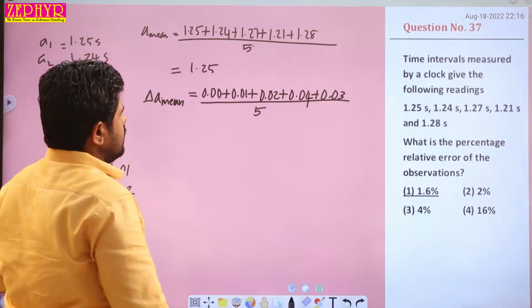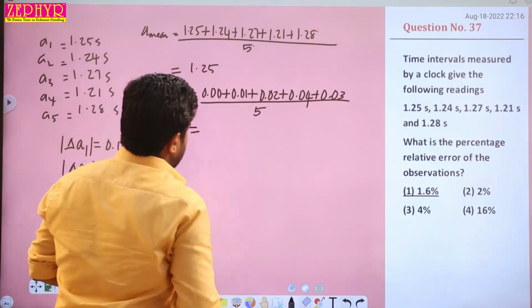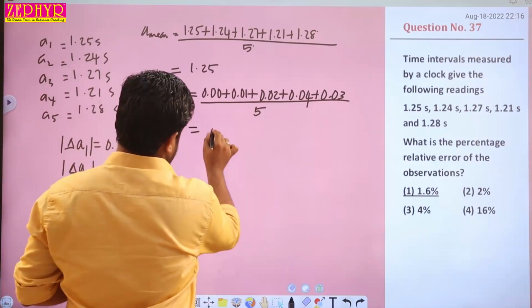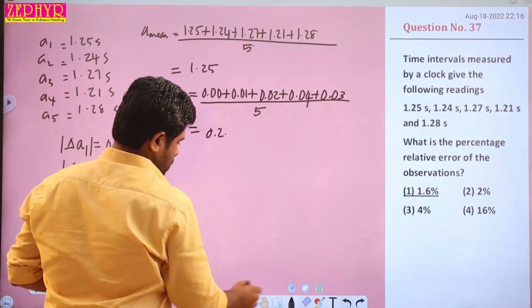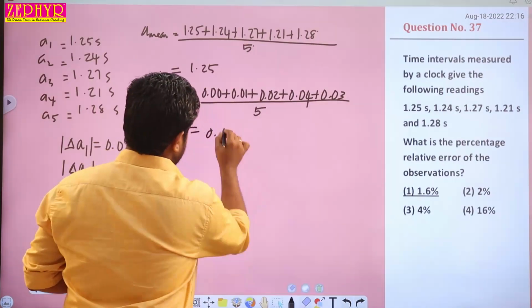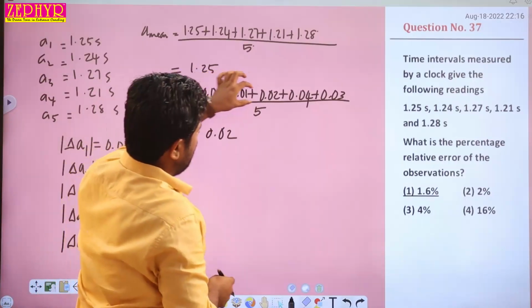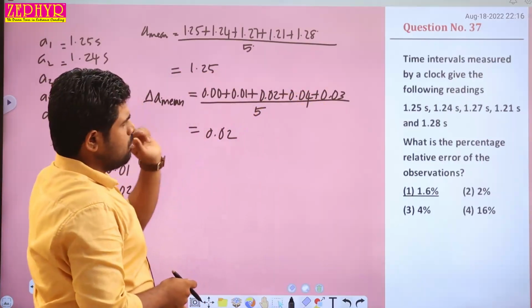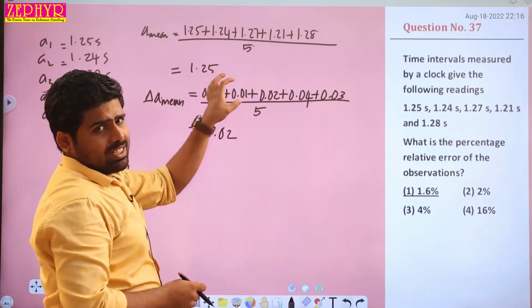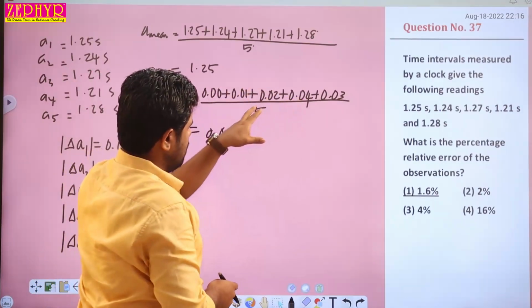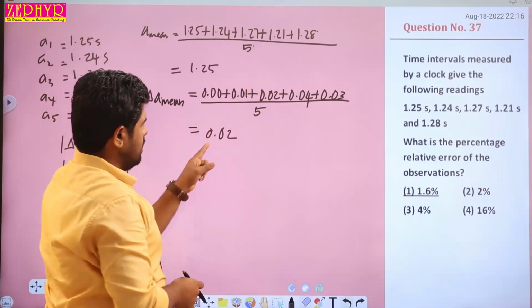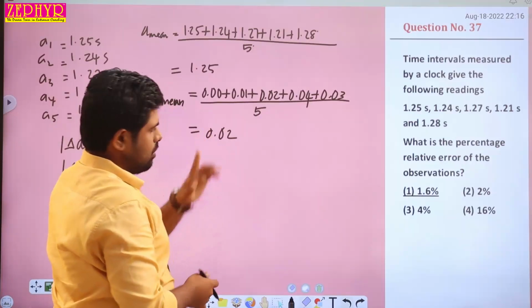So its answer is 0.02. You just add all the values in the numerator, then divide the sum by 5, and the result is 0.02.